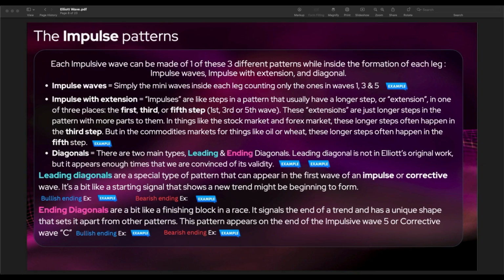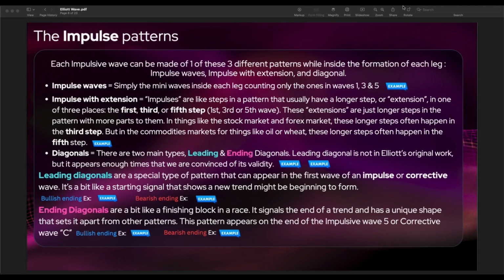These extensions are just longer steps in the pattern with more parts to them. In things like the stock market and Forex market, these longer steps often happen in the third step, in other words, the third wave. But in the commodities market, for things like oil or wheat or whatever, these longer steps often happen in the fifth step.